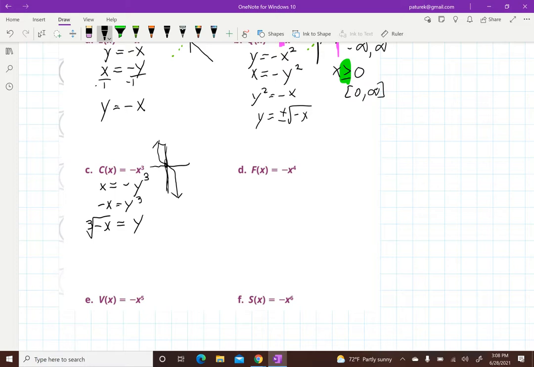So if I put in x equals negative 1, then that becomes the cube root of positive 1, which is 1. If I put in x equals positive 1, then I'm evaluating the cube root of the negative of positive 1, which is negative 1, which is another real number.